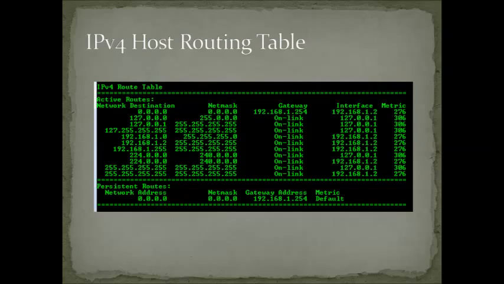In this case, we're looking at host 192.168.1.2's routing table. And then we've got some loopback stuff in there. And then finally up there at the top, we've got that default gateway of 192.168.1.254.